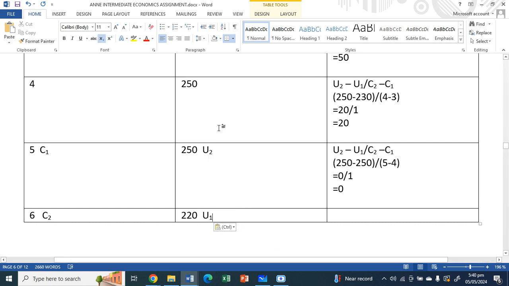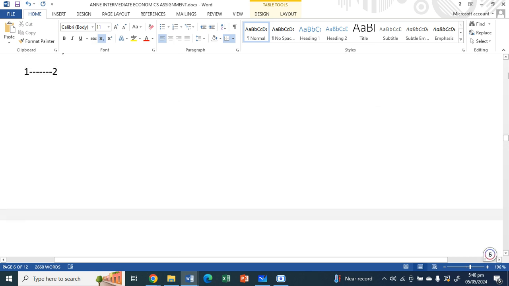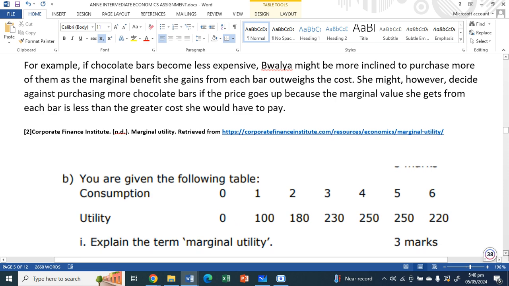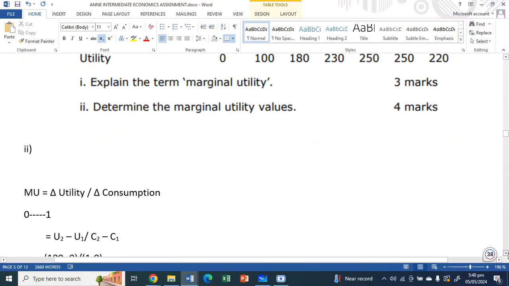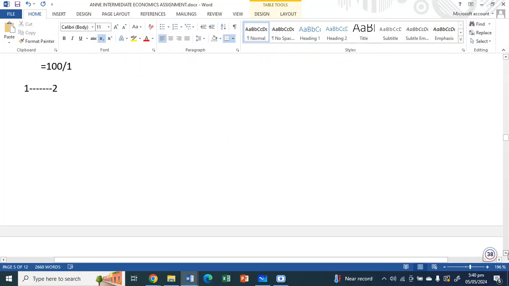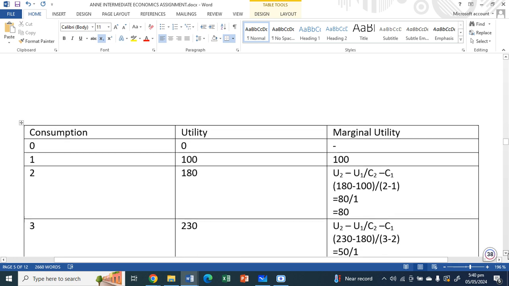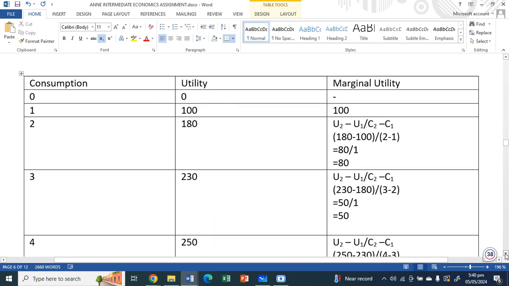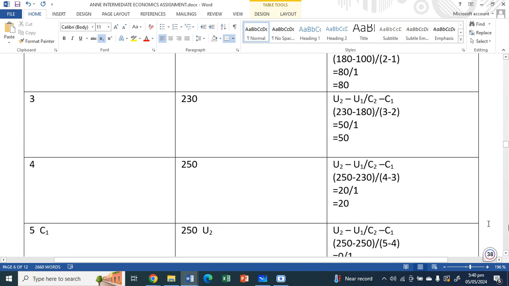Okay, because throughout this question, as we were increasing consumption, as you can see on this table here, the utility was increasing. But the marginal utility has been decreasing from the start. If you've noticed, our marginal utility is just decreasing from 100, 80, 50, 20.